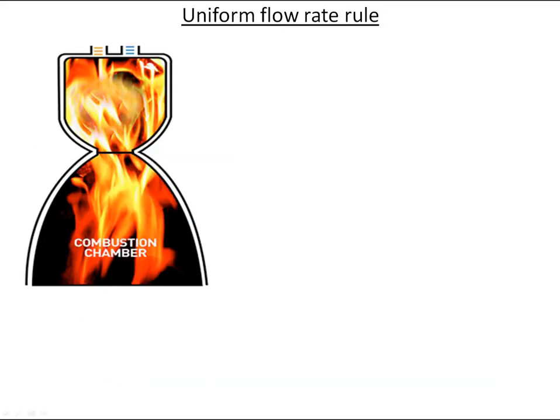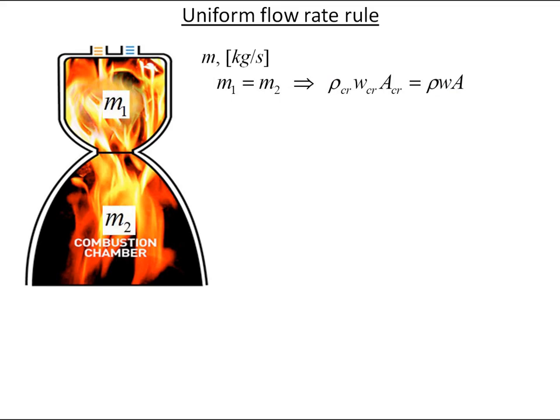The starting point of the derivation is the uniform flow rule for different diameter pipes. Here M1 and accordingly M2 is the mass flow rate in the combustion chamber, and it is the same flow rate in the Laval nozzle too.